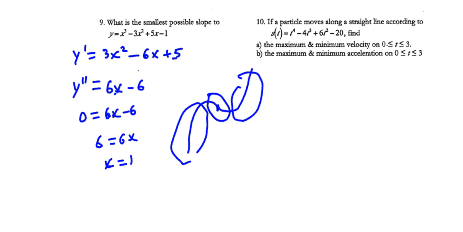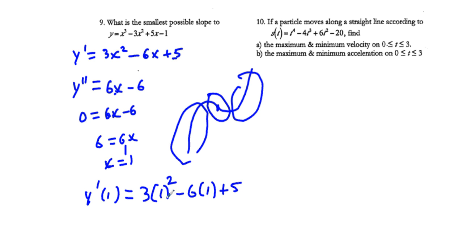So all we need to do is plug in 1 to our slope generator. So we say y prime of 1, and if we're right, this should be 3 times 1 squared minus 6 times 1 plus 5.